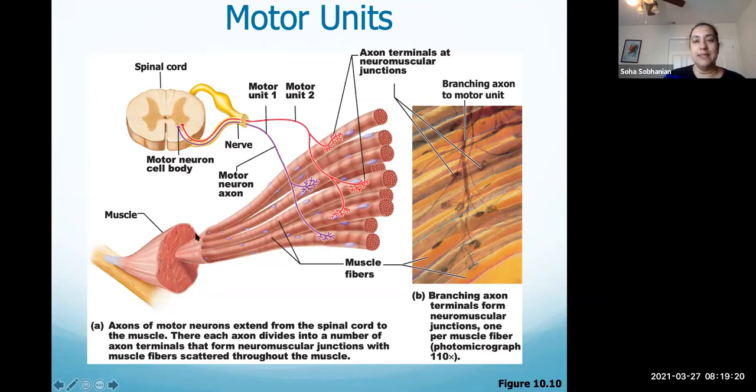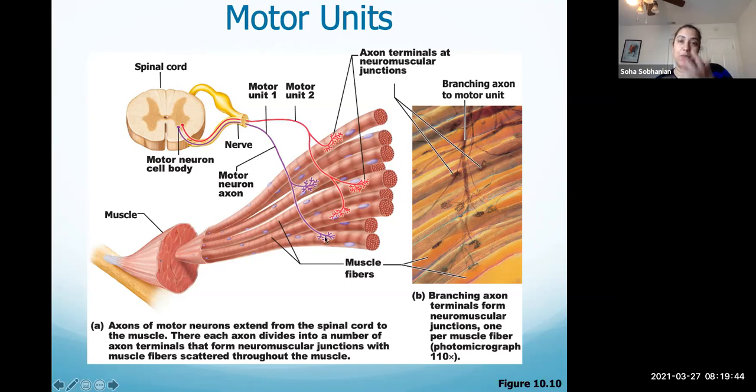So for instance, in the picture, the red neuron that you have identified as motor unit 2 is innervating, or providing nerve impulses for, this muscle cell, this one, and this one, versus the purple nerve cell or neuron, which is innervating this muscle cell and this one.